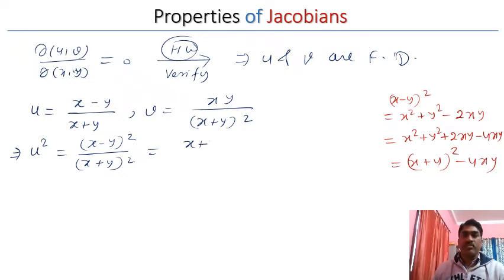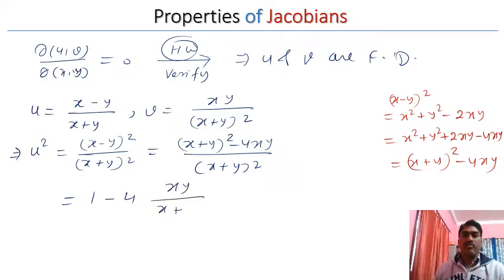So we will make use of this. So this will be x plus y whole square minus 4xy divided by x plus y whole square, and now you can check this is 1 minus 4 times xy by x plus y whole square, and this term xy by x plus y whole square is v. So we have obtained 1 minus 4 times v.